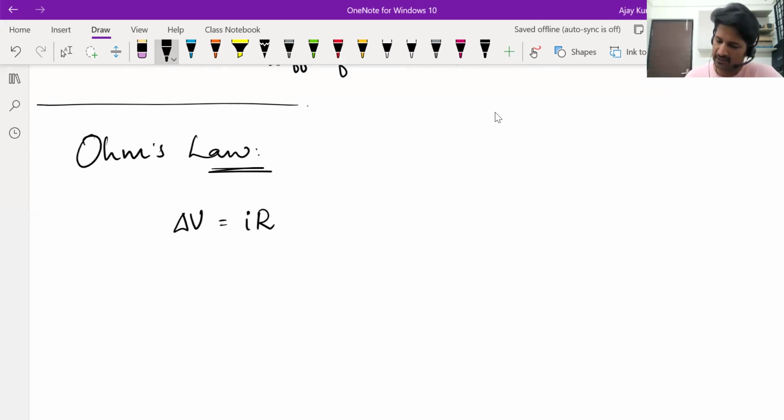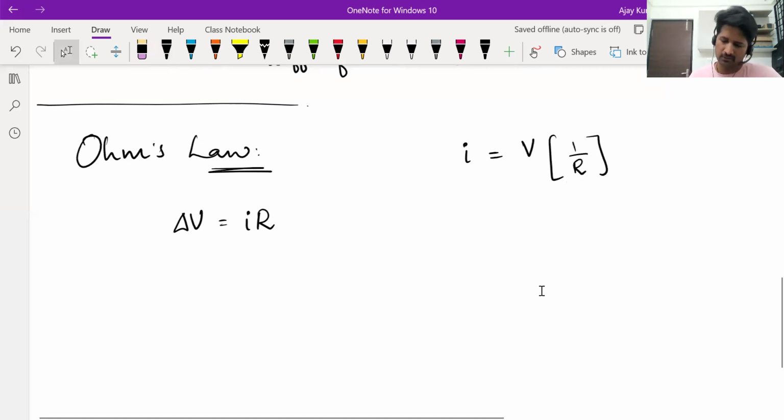And how we derived it yesterday was something like this. We got I is equal to voltage multiplied with something, and that something we took as 1 by R. So conveniently, it is written as V is equal to IR.